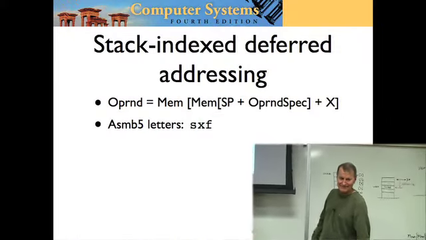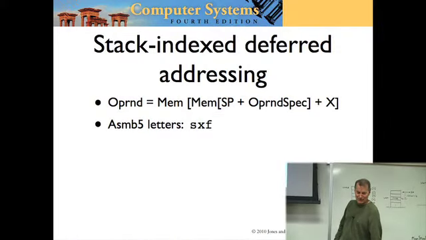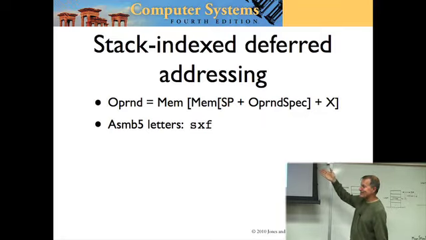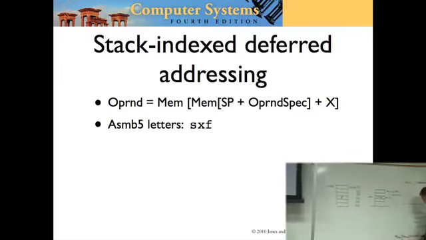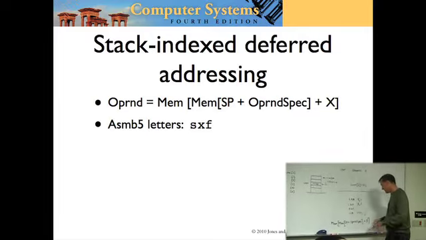Here is the Sxf addressing mode. It does exactly what we need, and the reason it is an addressing mode is so that we can do exactly this. It's mem of SP plus operand specifier, and then plus X outside that extra little bracket. So that's what it does. The way we do that store is, here is our new addressing mode, Sxf.